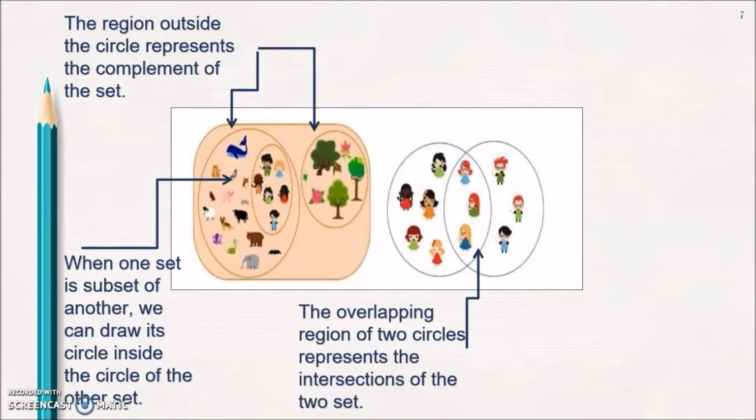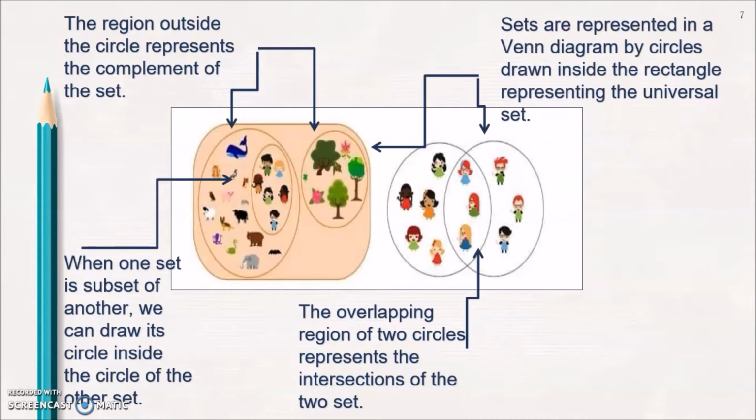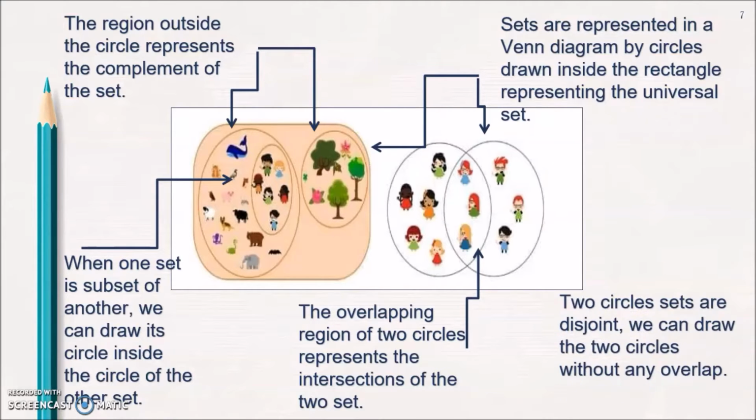The overlapping region of two circles represents the intersection of the two sets. Sets are represented in a Venn diagram by circles drawn inside the rectangle representing the universal set. And lastly, if two sets are disjoint, we can draw the two circles without any overlap.